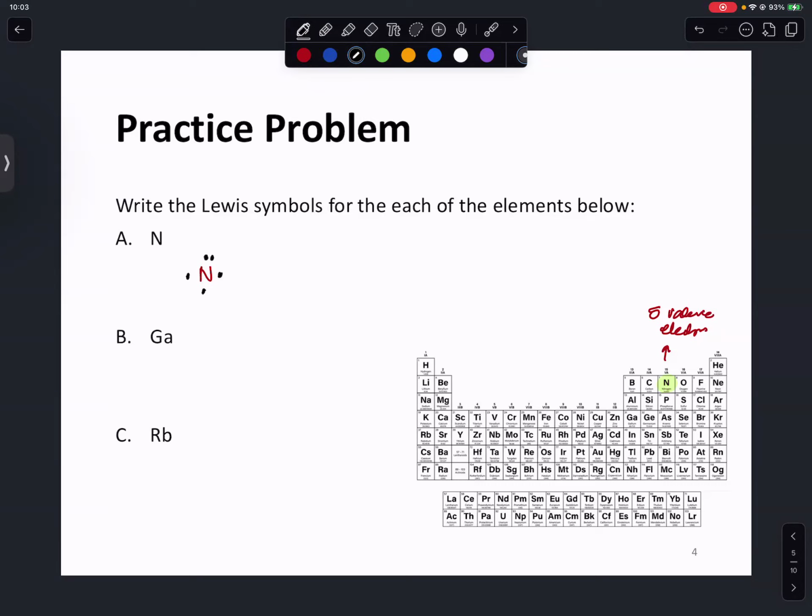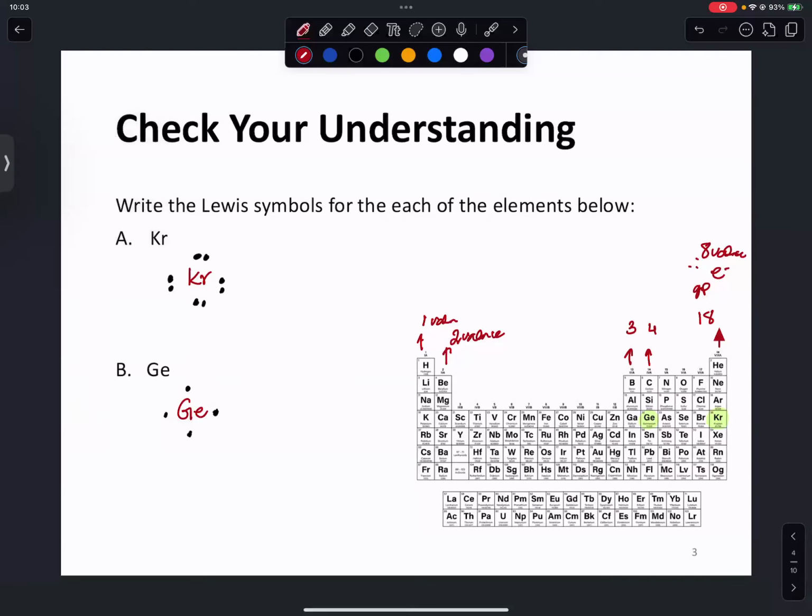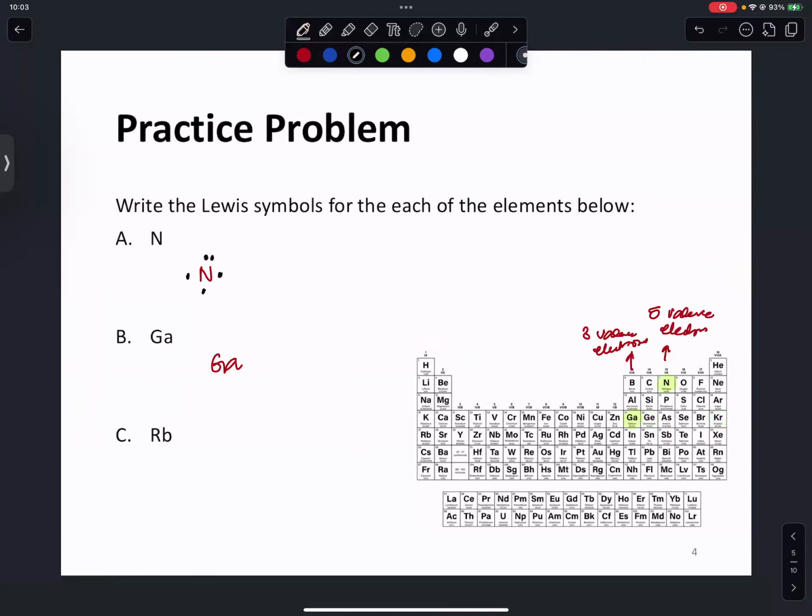Okay, so this is nitrogen, and we're going to do gallium. Gallium is in group 13, so it has 3 valence electrons, so it becomes gallium with 1, 2, and then 3.